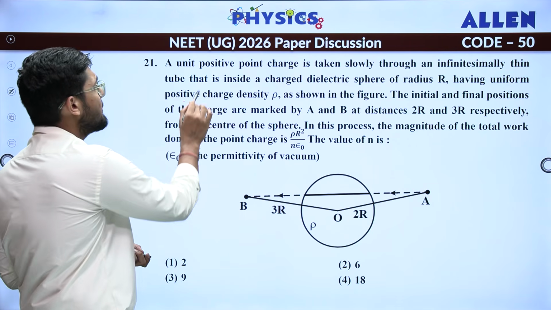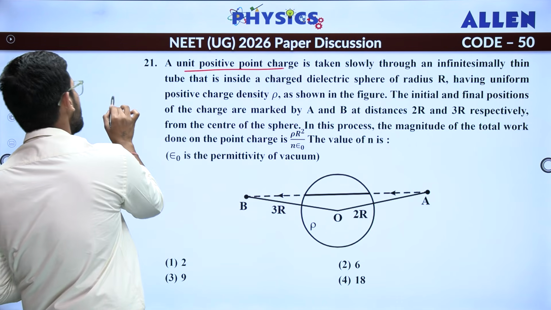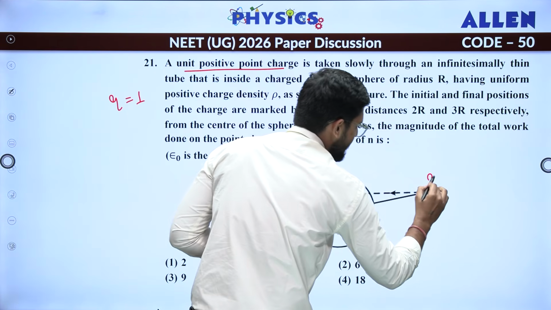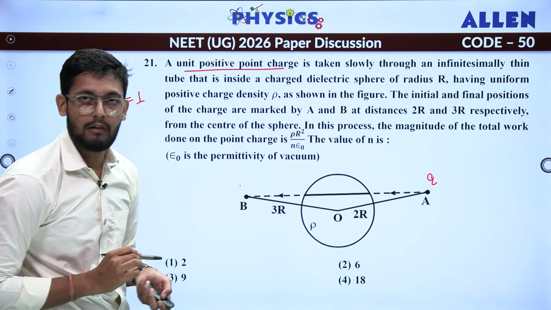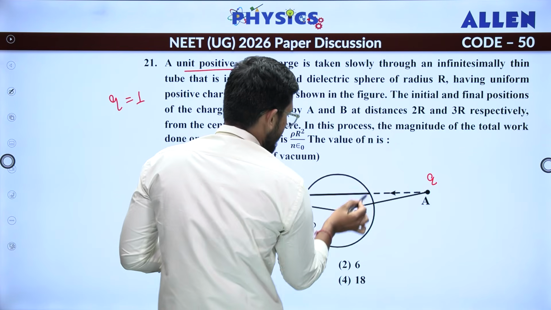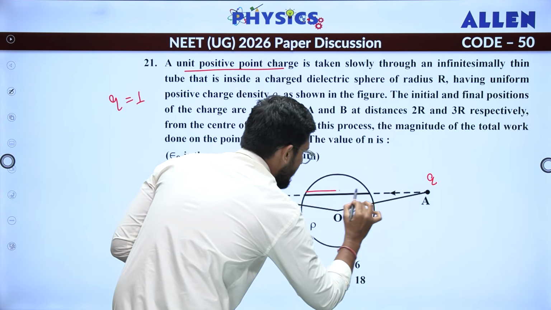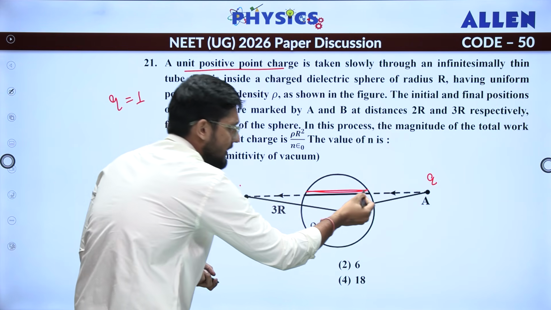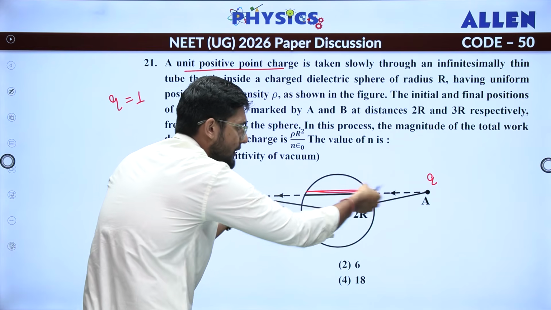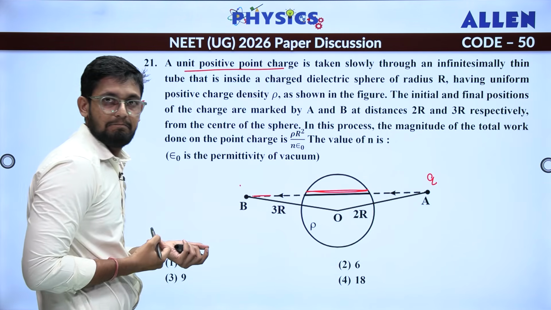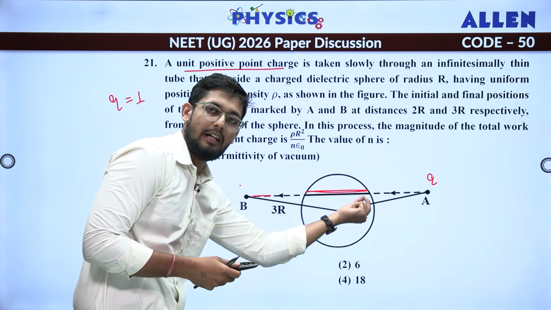Now next, a unit positive charge. The value of q is 1, which you are taking from this point to this point, correct? This is a dielectric. There's a gap over here, a tube-like gap, so this charge starts from this point and ends at this point, passing through this gap.